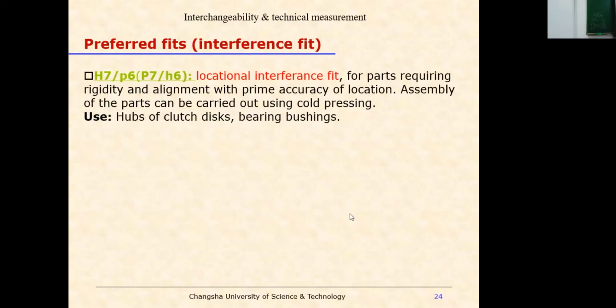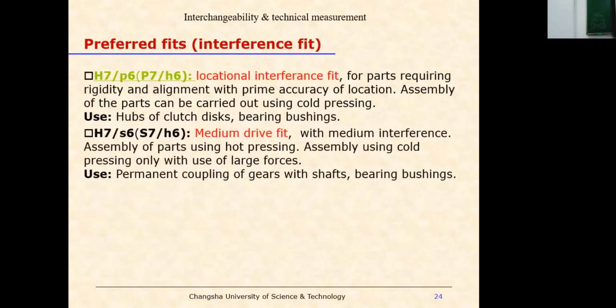For parts requiring rigidity and alignment with prime accuracy of location, assembly of the parts can be carried out using cold pressing, for the hubs of clutch discs or bearing bushes. The H7 or middle drive fit has middle interference. Assembly does not use hot pressing. Assembly uses cold pressing only with use of large forces. So the large forces is the drive fit.